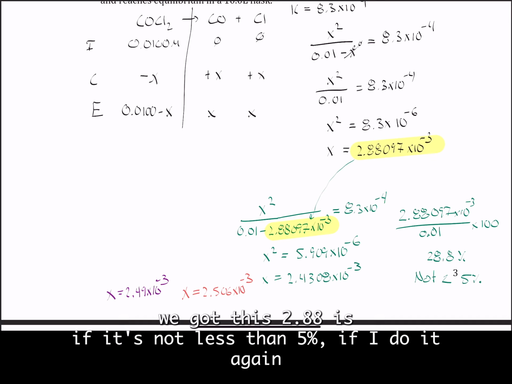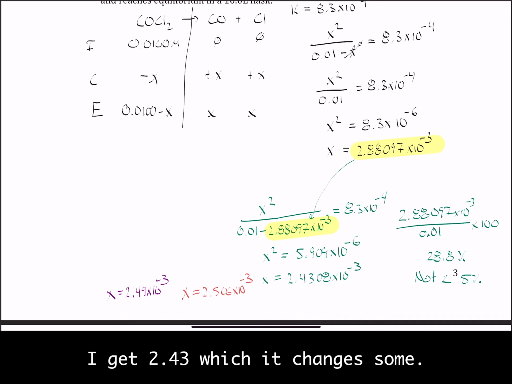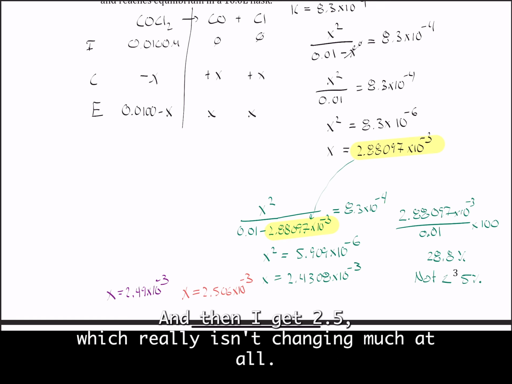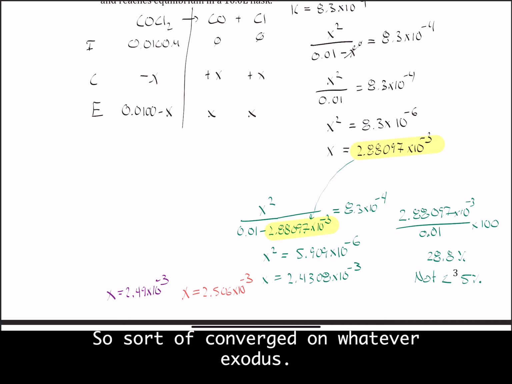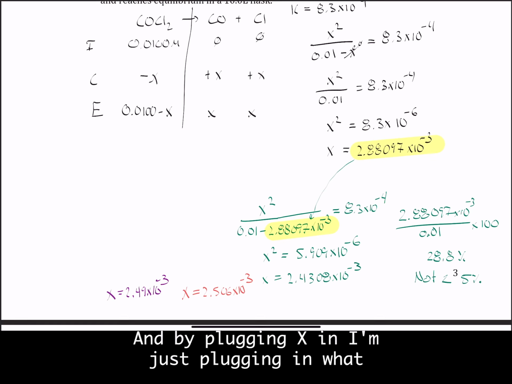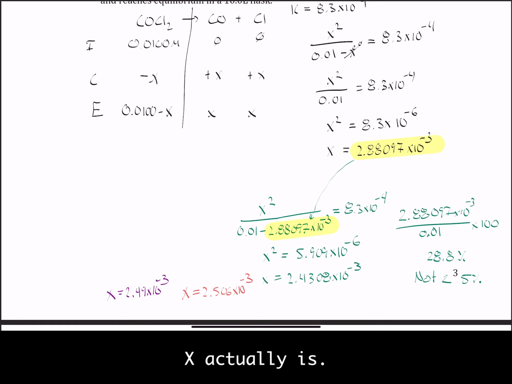We said that's not less than 5%. If I do it again, I get 2.43, which changes some. Then I get 2.5, which really isn't changing much at all. And doing it another time gives 2.49. So we sort of converged on whatever x it is, and by plugging x in, I'm just plugging in what x actually is.